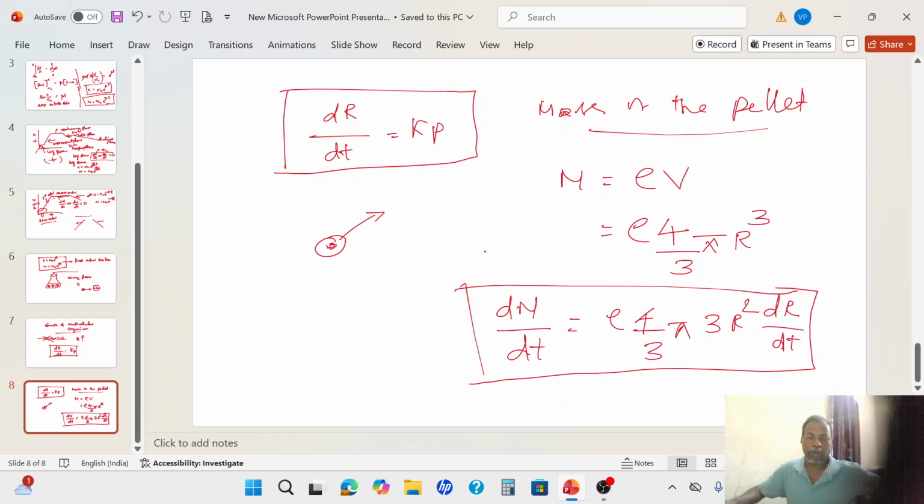Hence, replacing dr by dt in terms of dm by dt, we can arrive at the model for the multicellular organism.